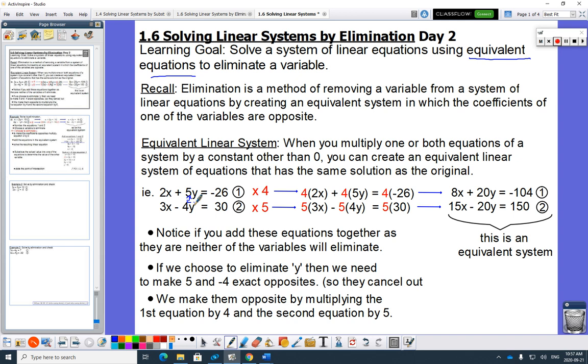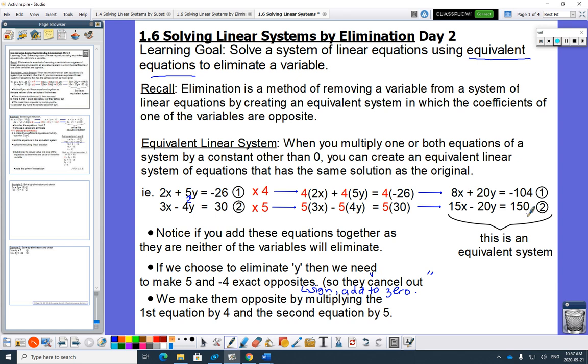Once we find the equivalent system, the steps are exactly the same. We want one of the variables to have opposite coefficients so they add to 0. That's what cancel out means, okay? We're still going to line them up.